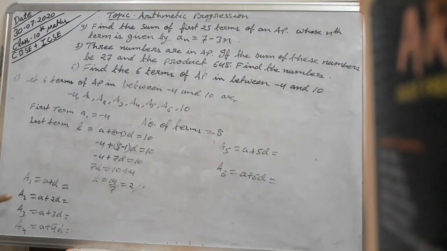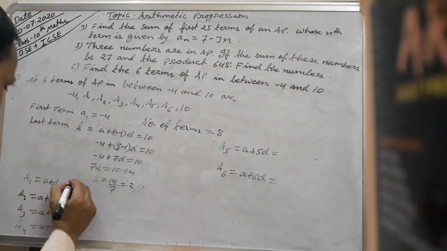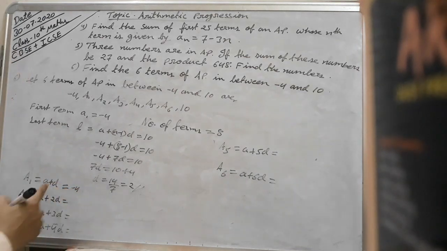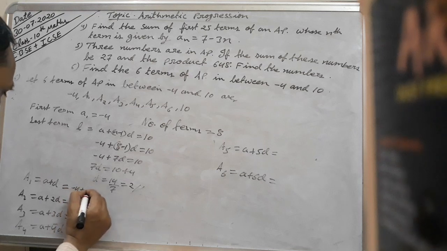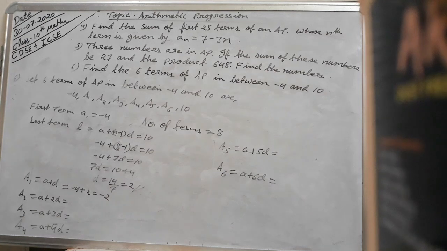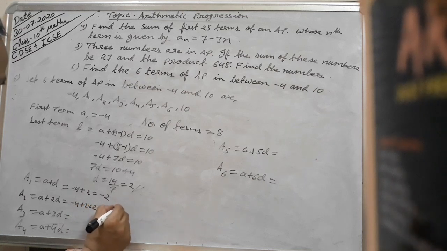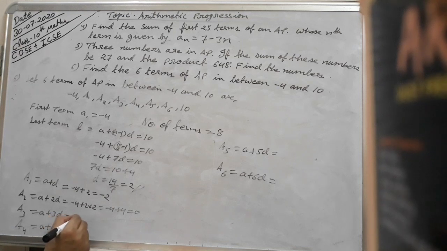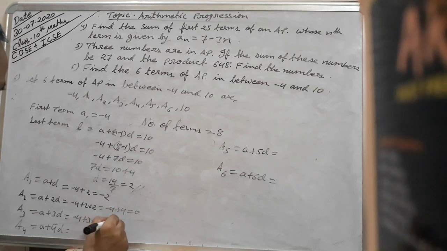What is A1? A plus D. A, that is minus 4, and plus, what is D? 2. You will get minus 4 plus 2, that is minus 2. A plus 2D, that is minus 4 plus 2 into 2, that is minus 4 plus 4 is equal to 0. Here minus 4 plus 3 into 2, you will get minus 4 plus 6 is equal to 2.